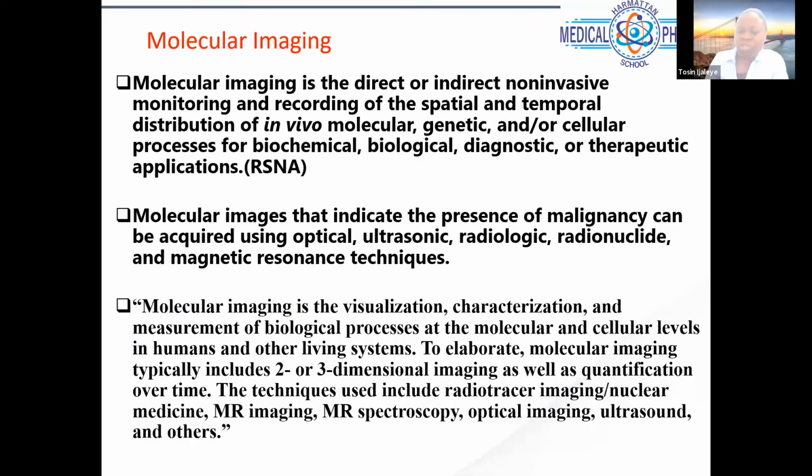And we might be wondering, how is this different from the conventional imaging method that we know? The normal imaging method that we know deals with the normal, the preliminary level of the body system.